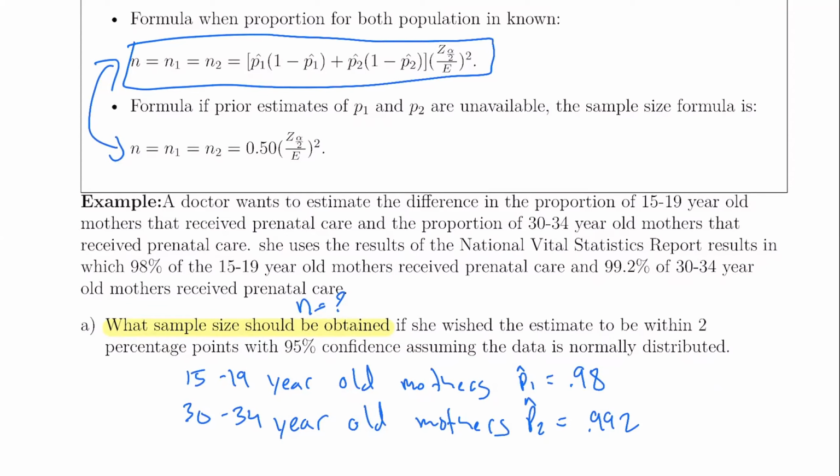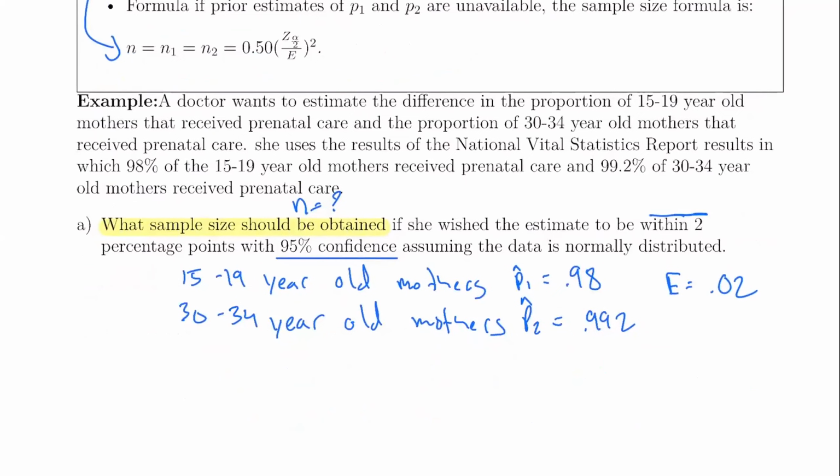If you look right here, it says within 2 percentage points, that's going to be your margin of error. So 0.02. Remember, if it says 2 percentage points, that means 2%, and 2% is 0.02. Up next, they give me 95% confidence, so the confidence level, or CL, is 0.95.